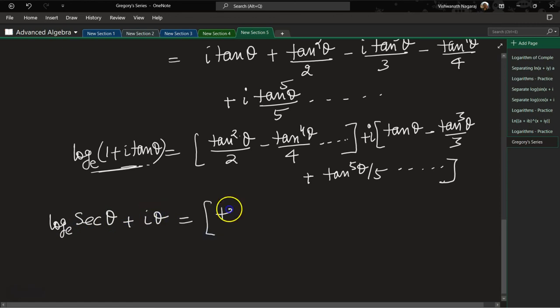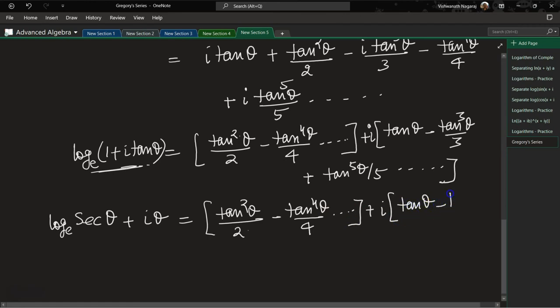This remains as it is: tan squared theta by 2 minus tan to the 4 theta by 4 and on and on, plus i times tan theta minus tan cubed theta by 3 plus tan to the 5 theta by 5, and on and on.